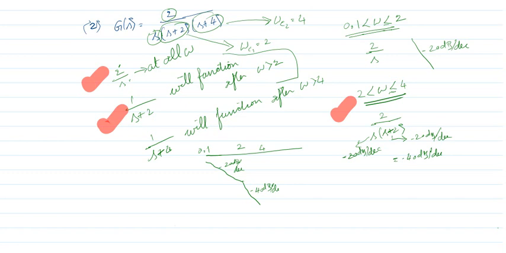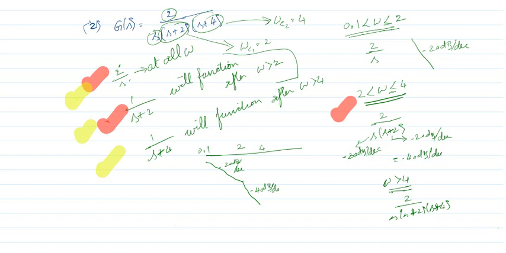Then for omega greater than 4, what happens? All the terms are going to function, that is 2 divided by s into s plus 2 into s plus 2 into s plus 4.